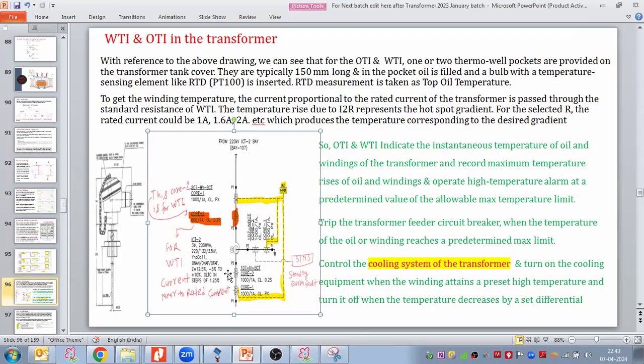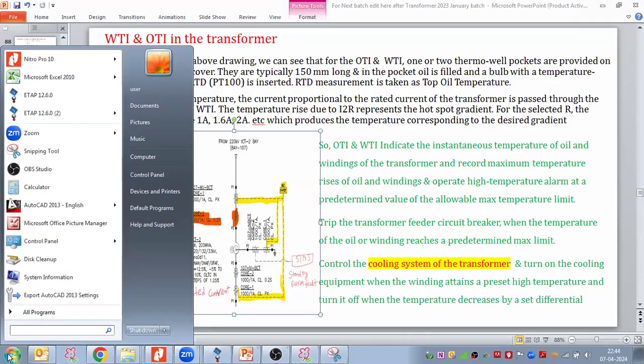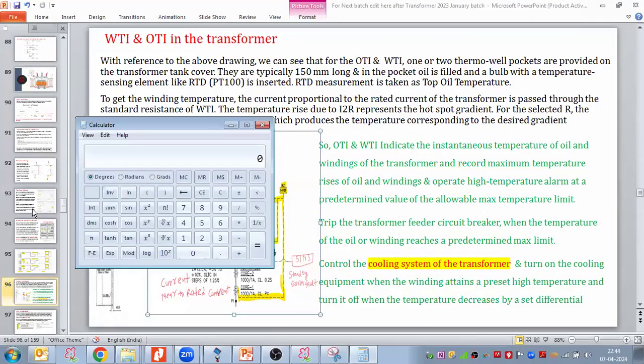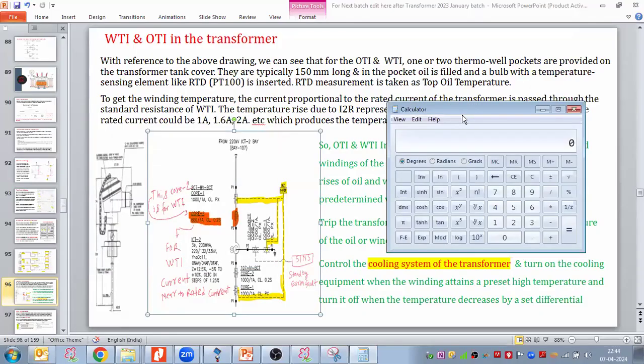So what I'm telling here, let me take the calculator, and say I have a 200 MVA transformer, right? This is the extract of the SLD. So 200 MVA converting into kVA, 200,000, and divide by 1.732, and then divide by 220 kV, this is 220 by 132 kV, so 220 kV is the HV side.